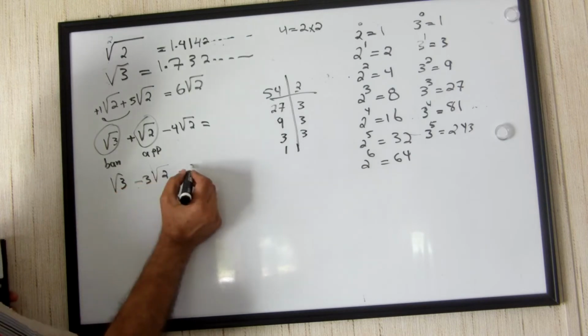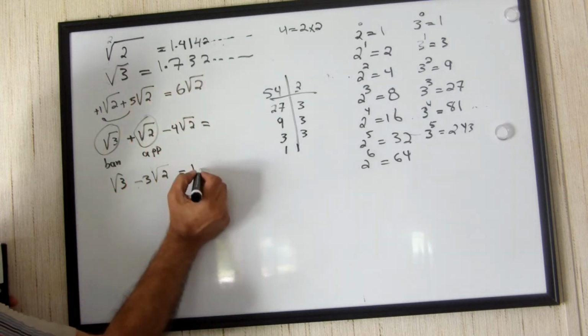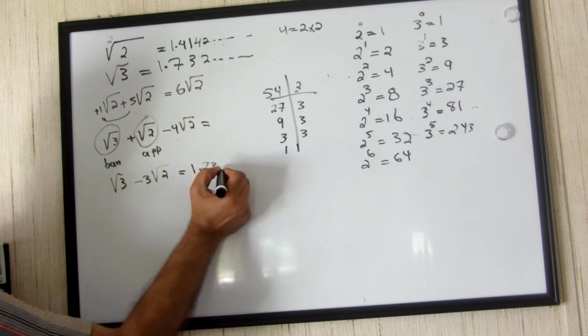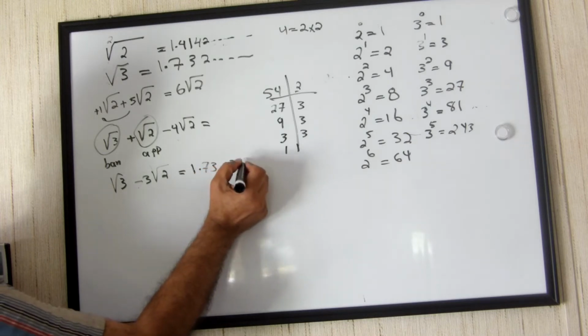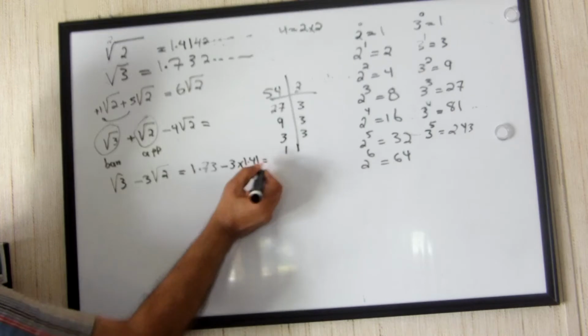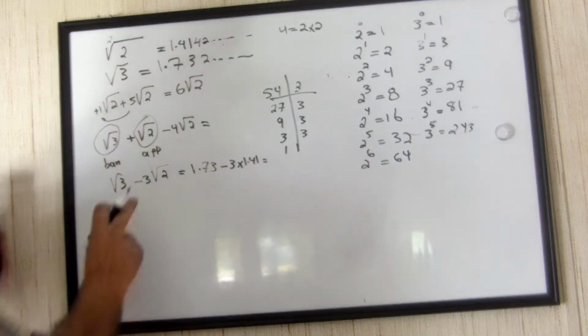So you can find, say, up to 2 decimal places, 1.73 minus 3 times 1.41. See, these are the quantities.